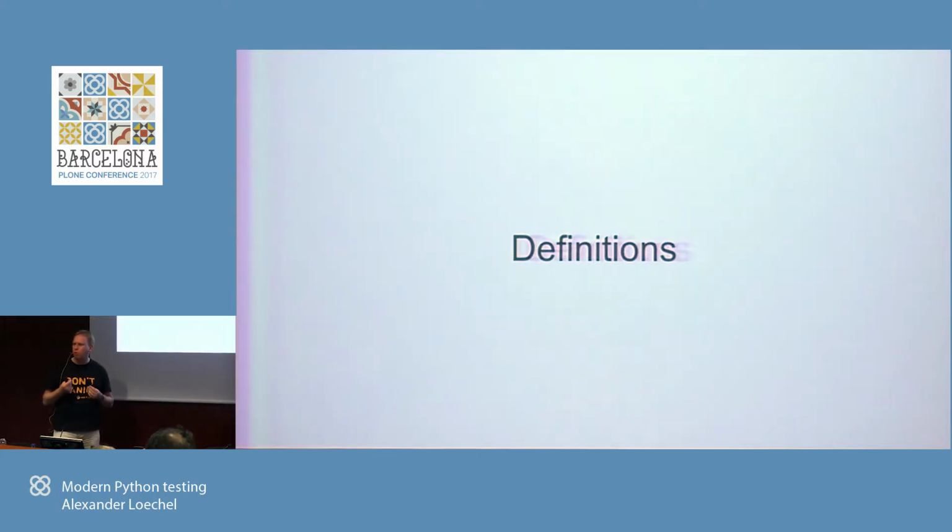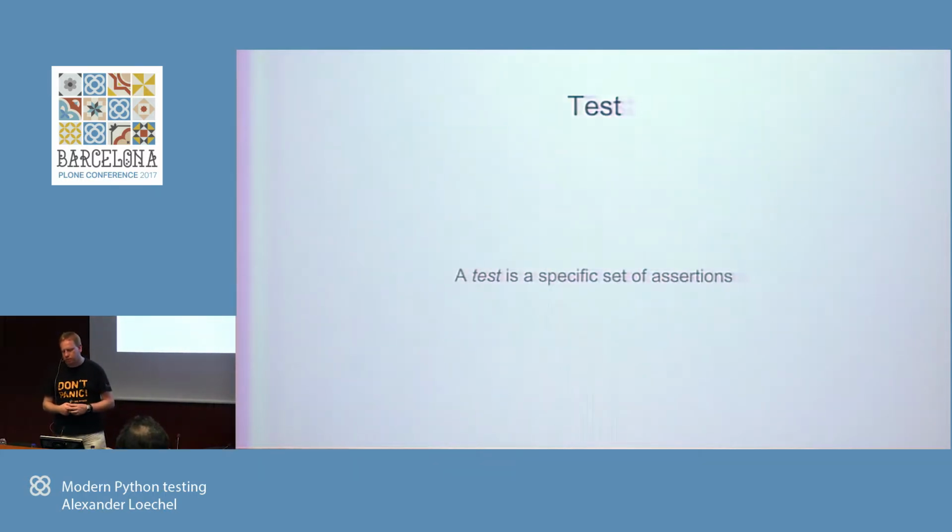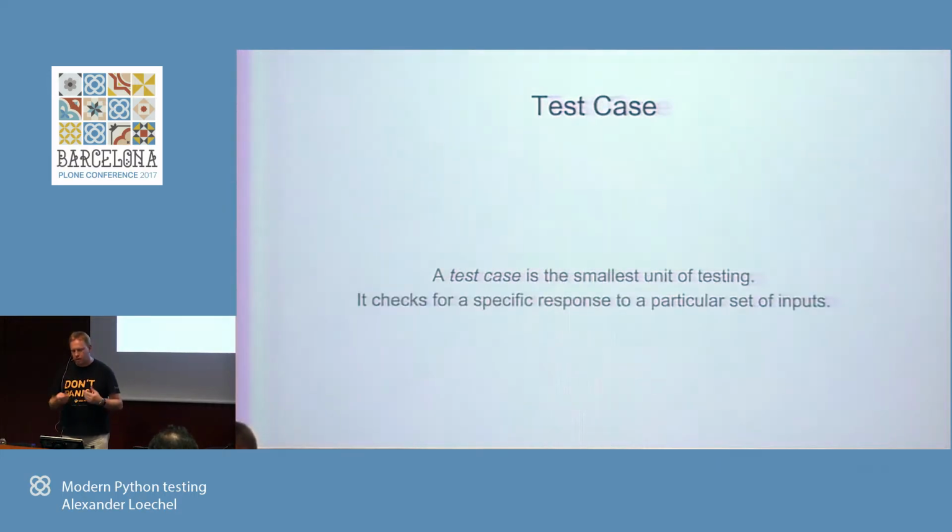We have some wordings, and I hope that we all have the same vocabulary and the same understanding of the words. So, what is a test? A test is a specific set of assertions. A test case is the smallest unit of testing. It checks for a specific response to a particular set of inputs.